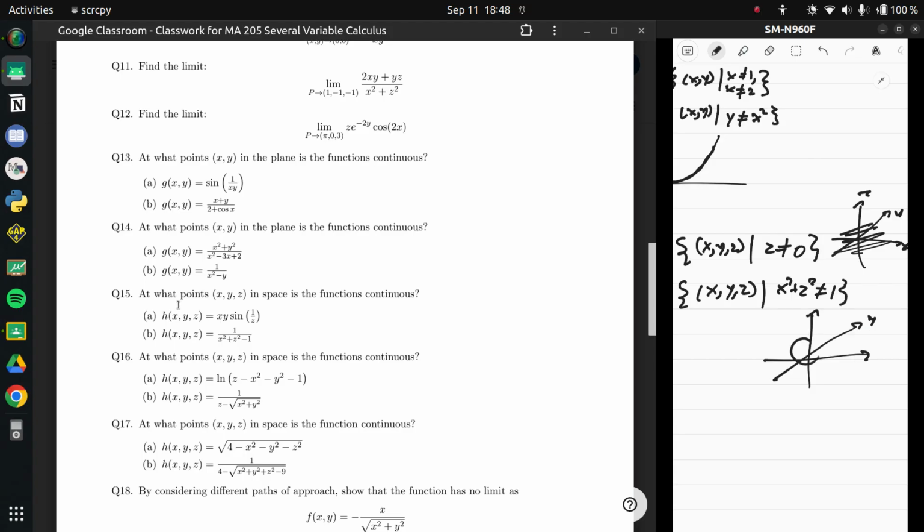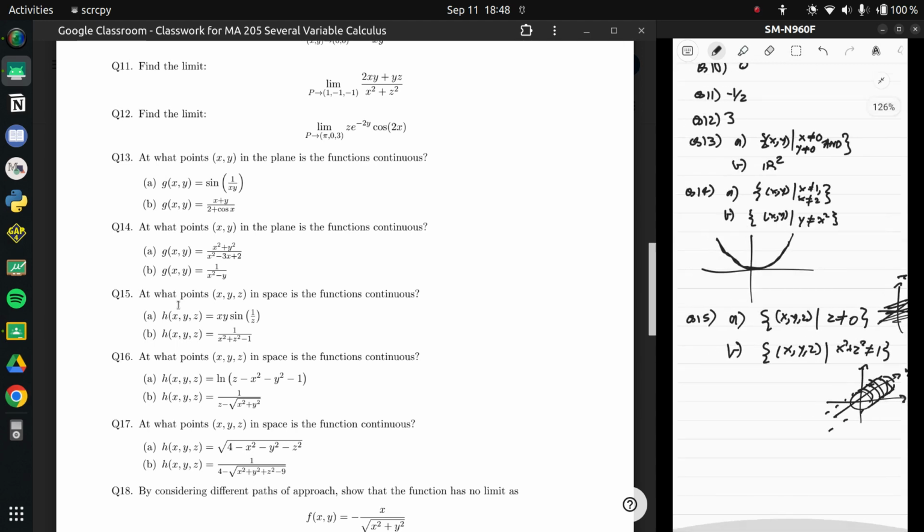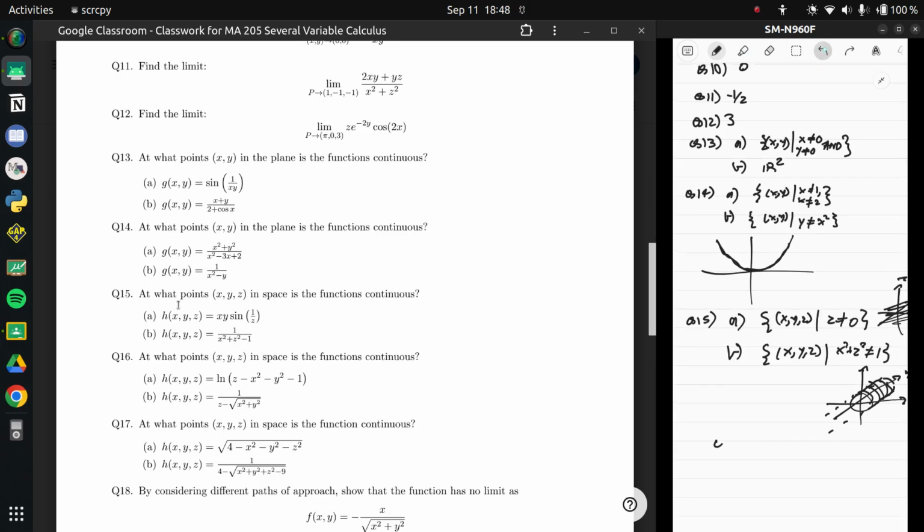This cylinder is not allowed, it's discontinuous there. Okay, C. There's no C.